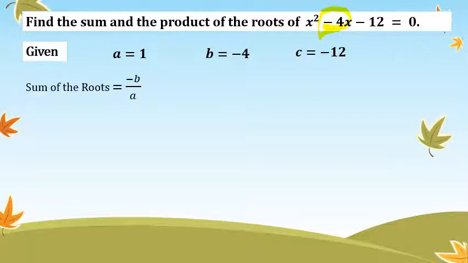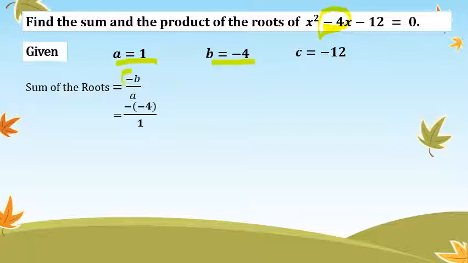Hanapin natin ang sum of the roots. Sum of the roots equals negative B over A. Ang B natin ay negative 4. Ang A ay 1. Ipapalit natin sa formula. So, magkakaroon tayo ng negative times negative 4 all over 1.